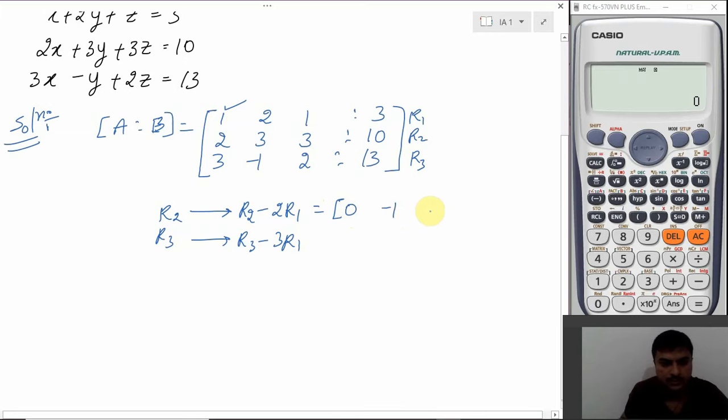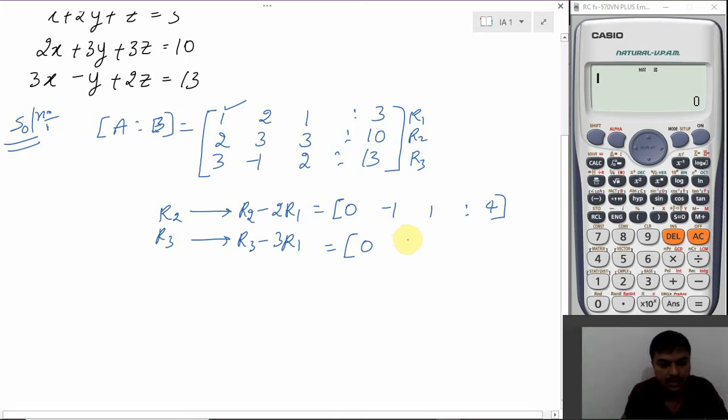Next value is 3 minus 2, which is 1. Next value is 10 minus 6. Yes, friends, it is 4. Like this you should easily simplify, use the calculator properly. Next value is again 3 minus 3, which is 0, right? Next, minus 1 minus 3 times 3, which is 9.